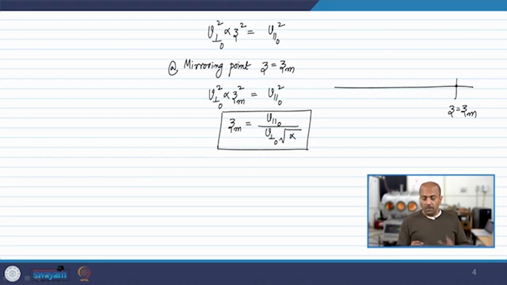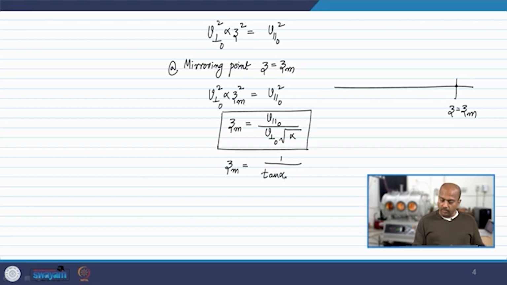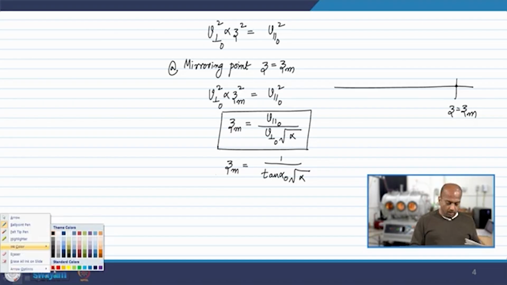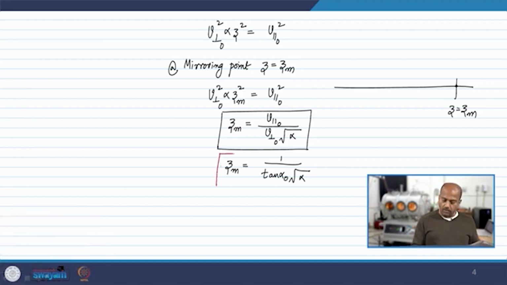This distance mainly depends on the ratio of initial velocities, but nothing else other than that. So, using the definition of pitch angle, we can write Zm is equal to 1 by tan alpha naught into square root of alpha.